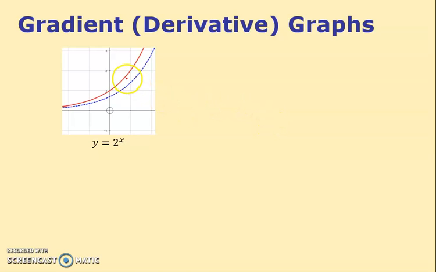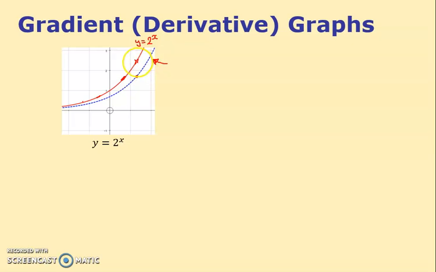So if we look at the gradient of these graphs, now the red one is the actual graph. This is y equals 2 to the x. And if you look at the gradient here, for instance, here it's positive, here it's a bit less positive. And so you can get the computer to find the gradient of all these different points. So it finds the gradient of this point here, and it's got a value.